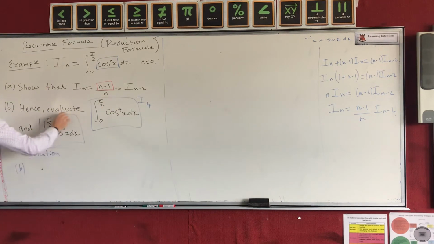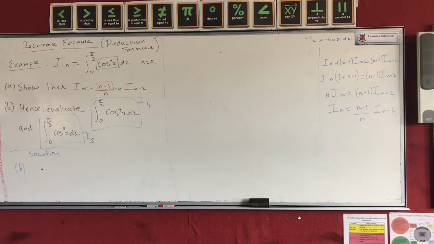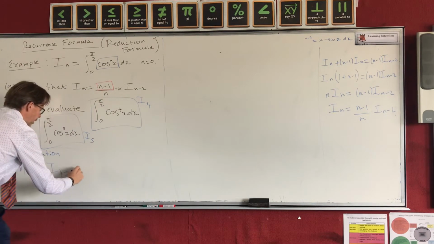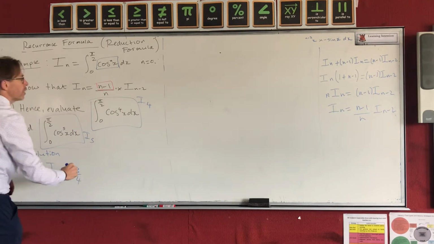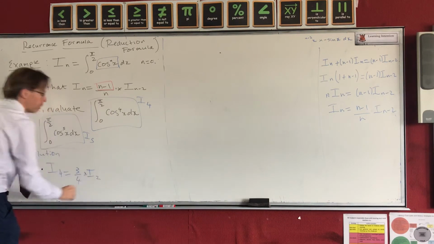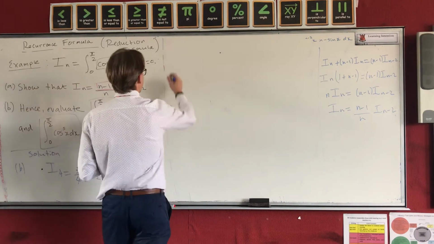And this here is I5. So let's do that. We're going to put I4 equals. We've got our formula here. I4 is 4 minus 1, which is 3/4 times I2. Now, we can simplify that further.